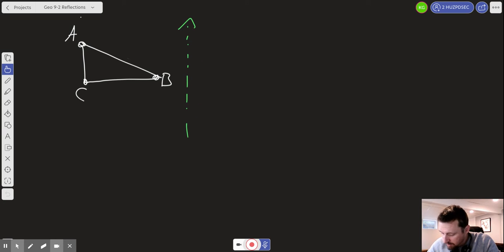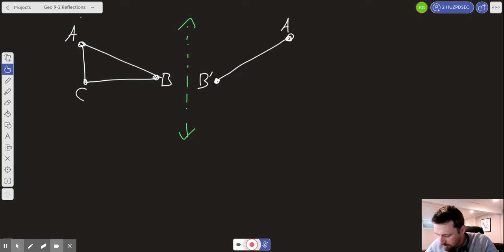So if we are going to reflect across this line, that means the orientation of this triangle is going to shift. Each point gets reflected. B is the closest to the line, so the new B, which we call B prime, will be close to the line. A is far away from the line.